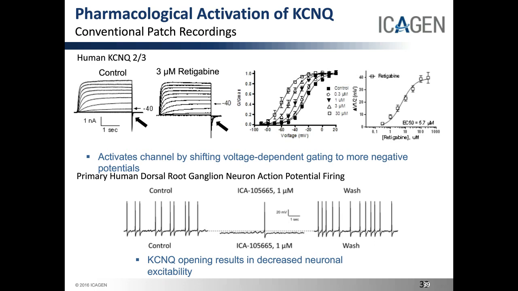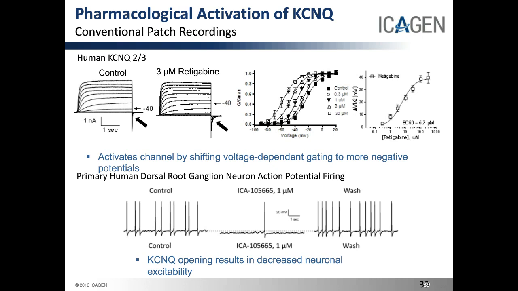And as you can see, as we go higher in concentration of the opener, we get a more and more hyperpolarizing shift in the activation curve of the channel, suggesting that indeed the channel does become activated at more hyperpolarized potentials when the opener is present.